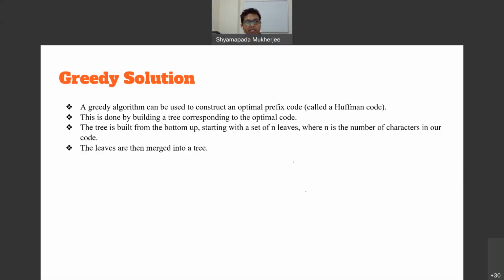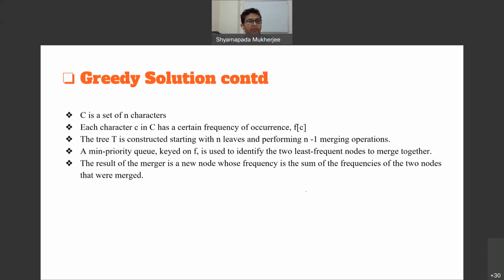So for the tree structure, we can have this representation for greedy. Suppose we have a set C of n characters. Each character has a certain frequency of occurrence, denoted by f(c). We have n leaves for n characters, and we apply n minus 1 merging operations, so we also have n minus 1 internal nodes.